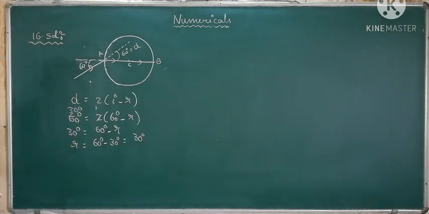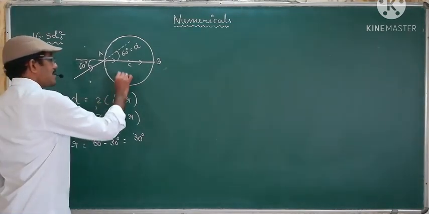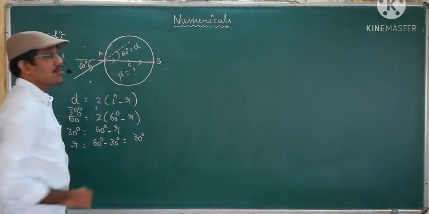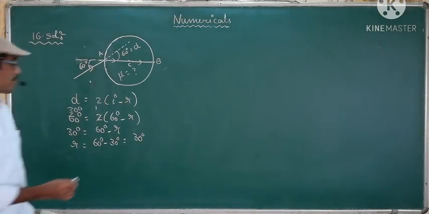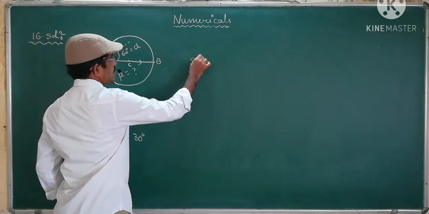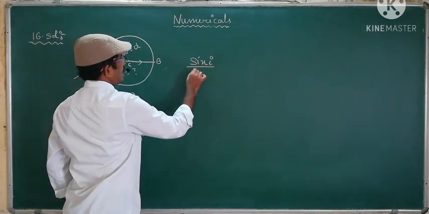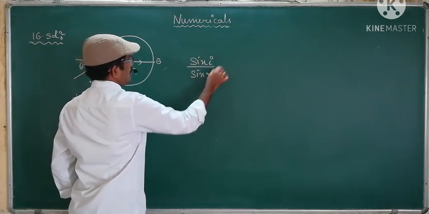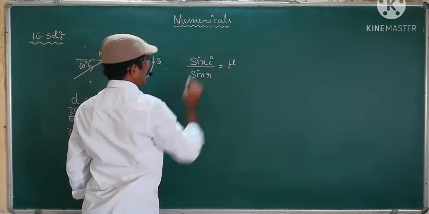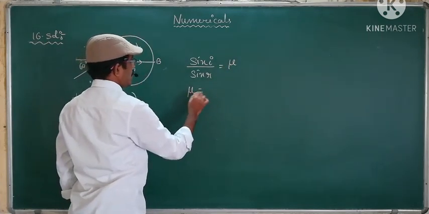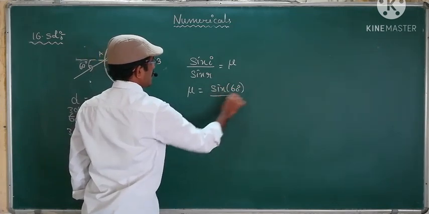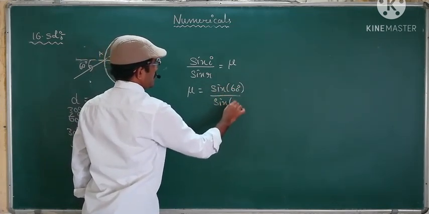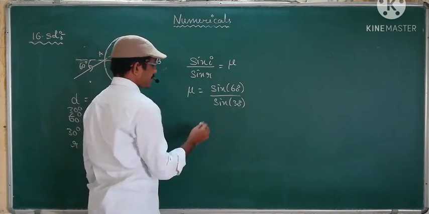Why did I calculate this? They asked what is the refractive index of this spherical refracting surface. So from Snell's law, sin I divided by sin R is equal to mu. So here mu is equal to sin of I, which is 60 degree, divided by sin of R, which is 30 degree.